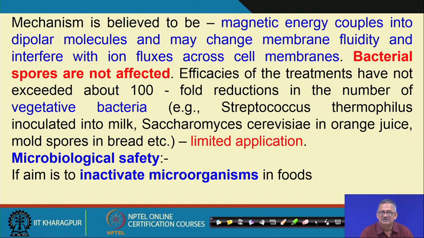Right? Subsequently, you will see that in the death cycle there are many such things which come up. Death cycle, where it is termed in terms of how many log cycles it is being reduced, whether it is 12D, 6D, 10D, 8D, that dictates the number of cycles of reduction.